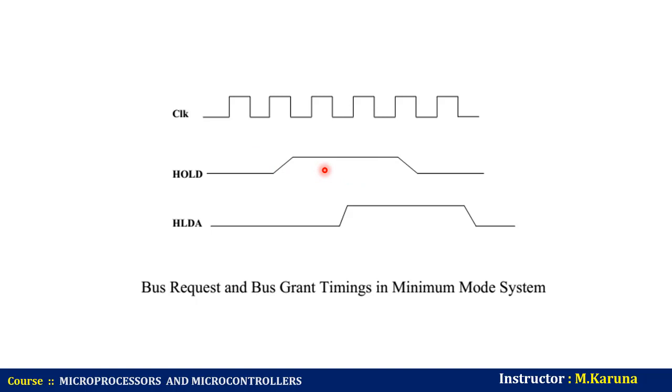DMA is used to transfer huge data without intervention of the CPU. Data can be transferred from IO devices to memory and from memory to IO devices without involving the CPU. At that time the DMA wants to handle the bus control. That's what the DMA asks for through the hold signal. Upon receiving the hold signal, the processor will issue the acknowledge signal if the bus is available. Likewise these signals are used in case of DMA operation.